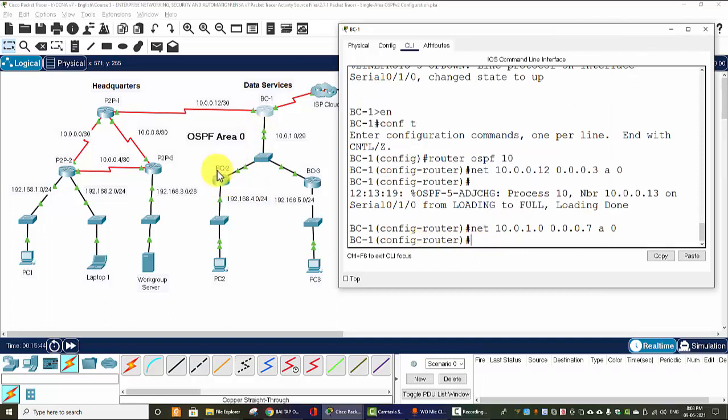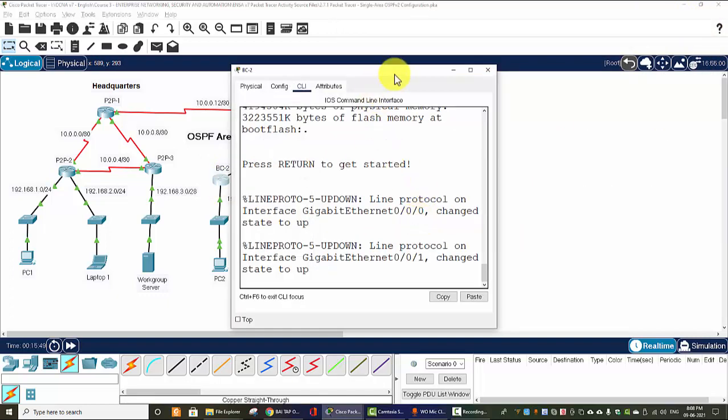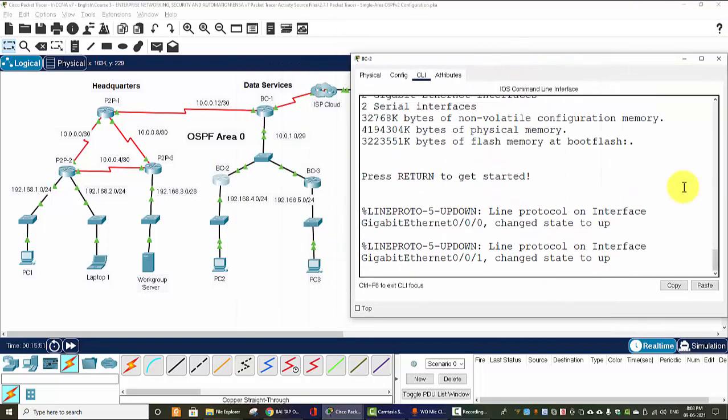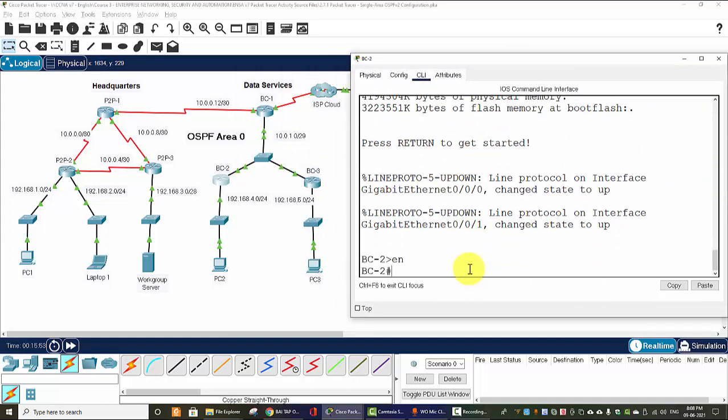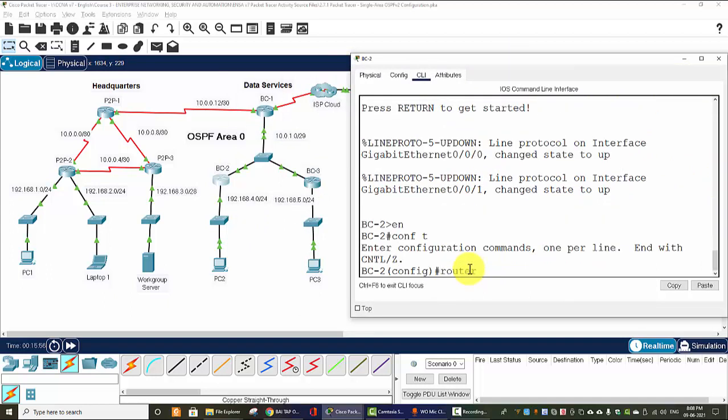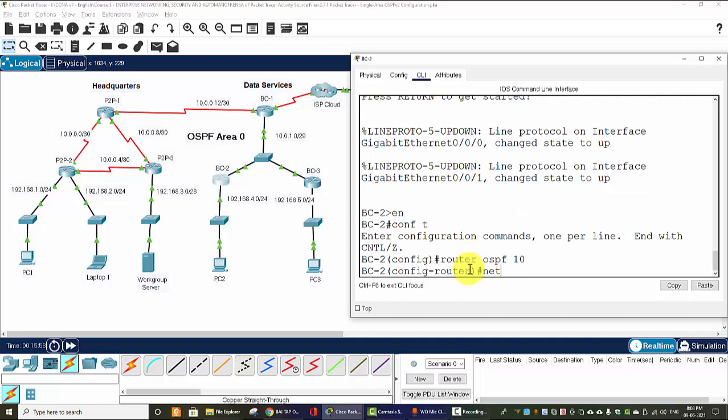Next, we will configure OSPF on BC2 and BC3. The first network here, BC2 connects to this network. So I enter the network command here, area 0.